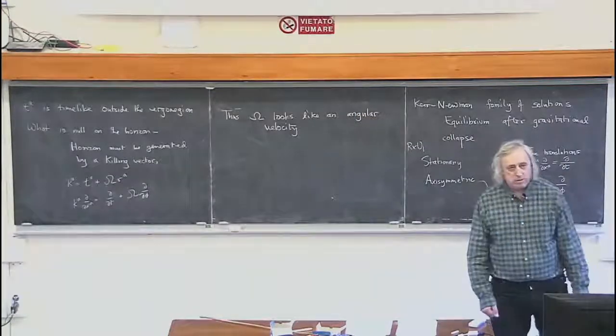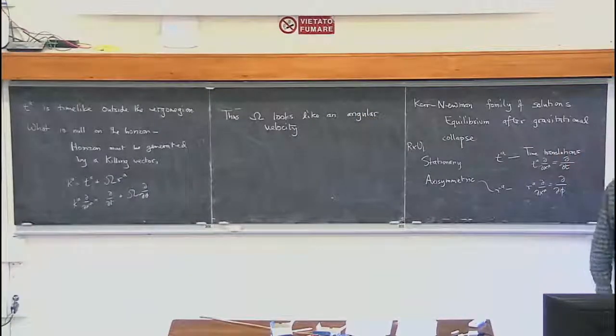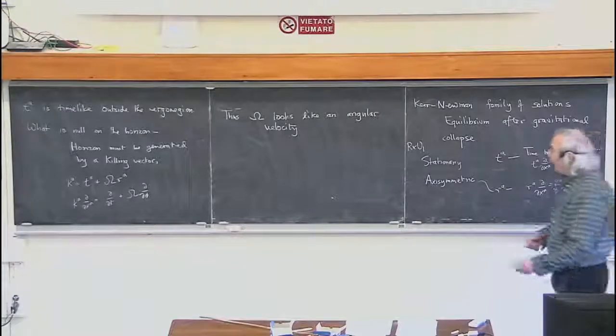Furthermore, if we say that K is going to be null on the horizon, then this angular velocity represents the angular velocity of the horizon as seen from infinity, because it is defined in terms of these coordinates t and phi.